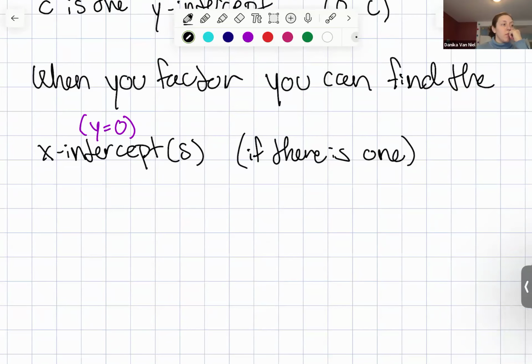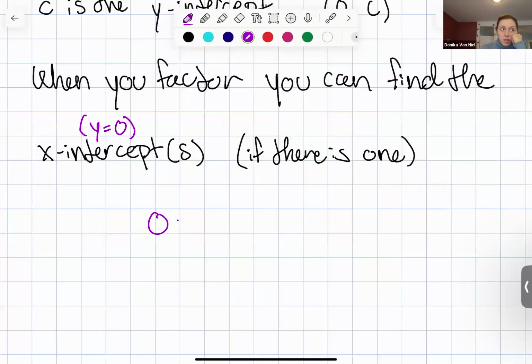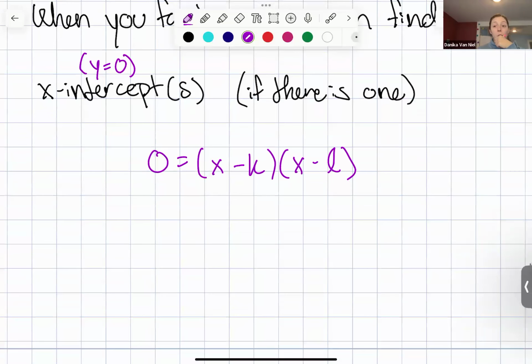So how do you go about it? You set y equal to 0, so you get 0 equals, and then you factor the right-hand side: x minus k, x minus L. I don't know where we are on the y-axis, so I'm just going to draw the x-axis here.